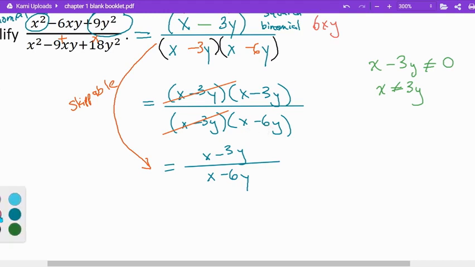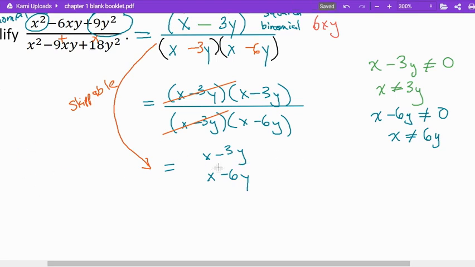Okay, let's try the other one. Okay, so I've got x minus 6y cannot be equal to 0. So x, similarly so, cannot be equal to 6y. Feels weird. Just go with it. And then we make our beautiful list along with our solution. One sec.